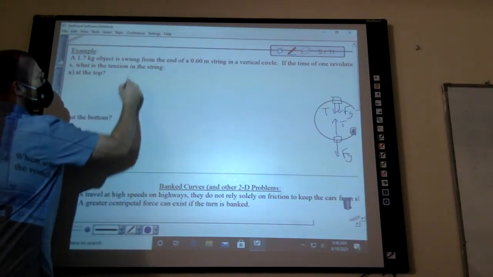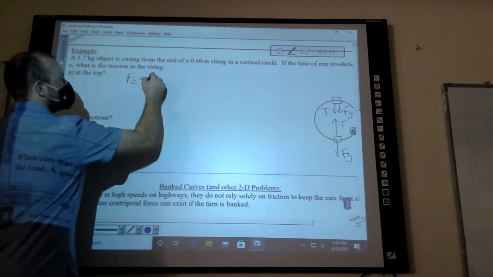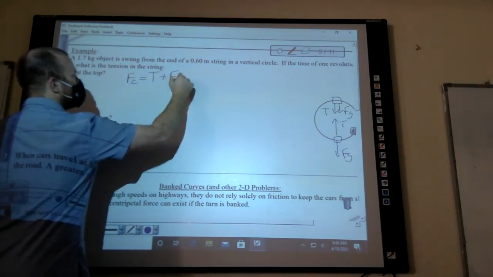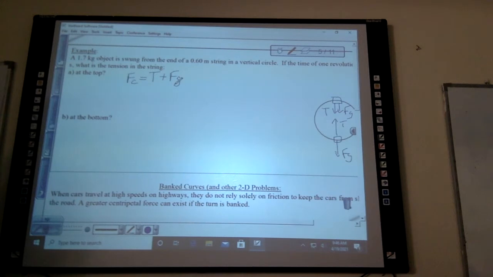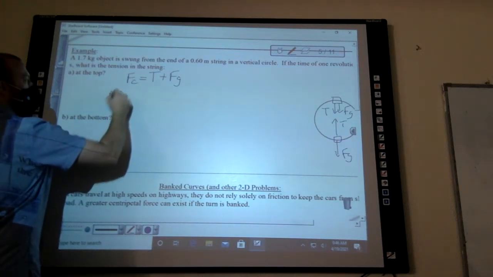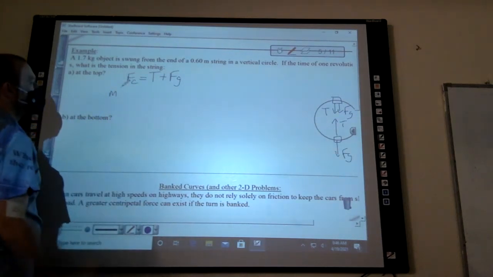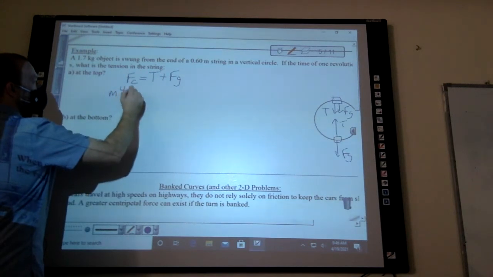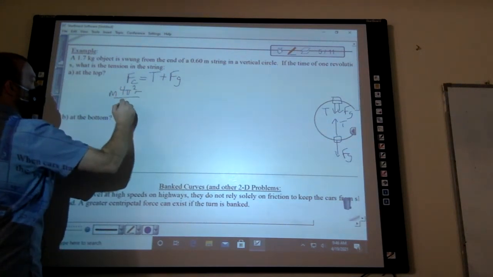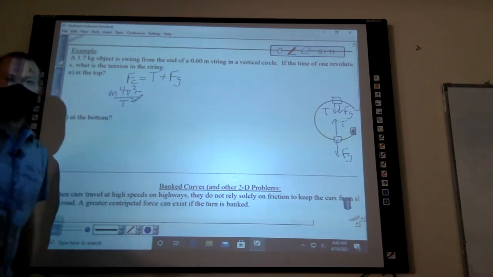So at the top, Fc is equal to tension plus Fg. Since we're given in this question the radius, because the length of the string is the radius, and we're told the period, for Fc we're dealing with m 4 pi squared r over t squared.